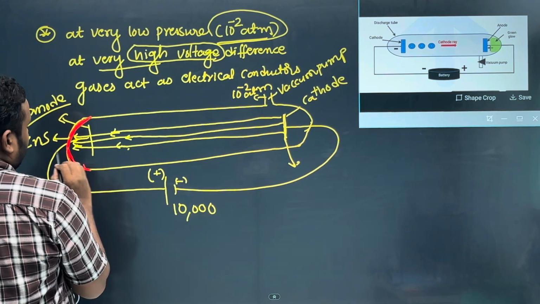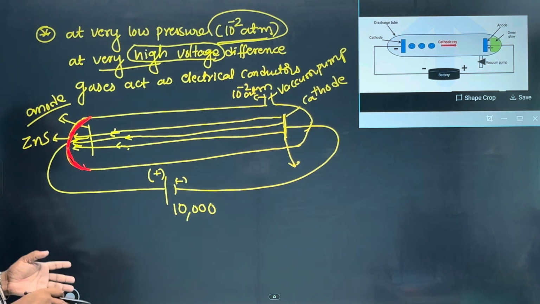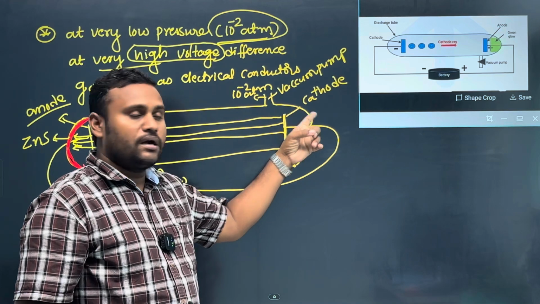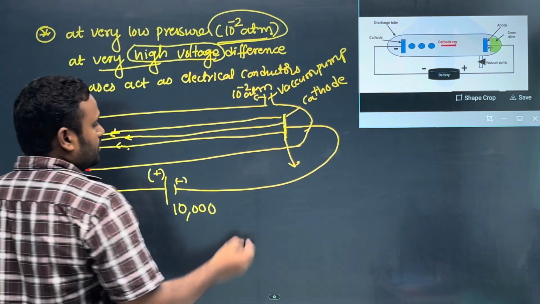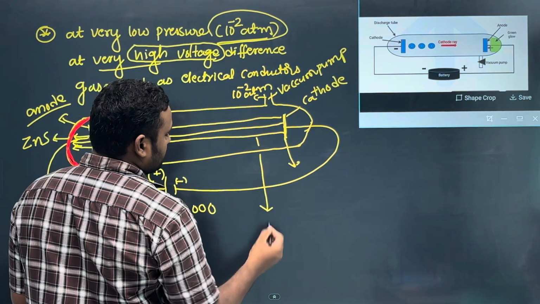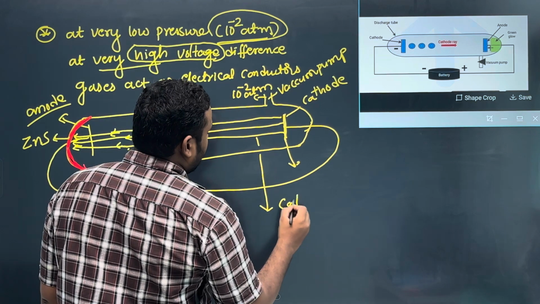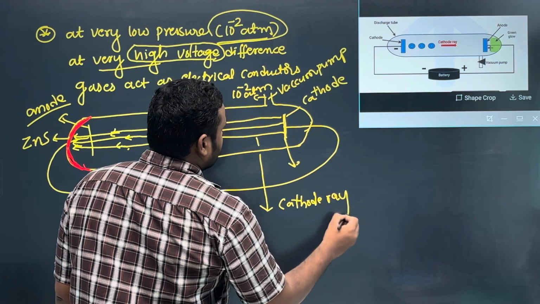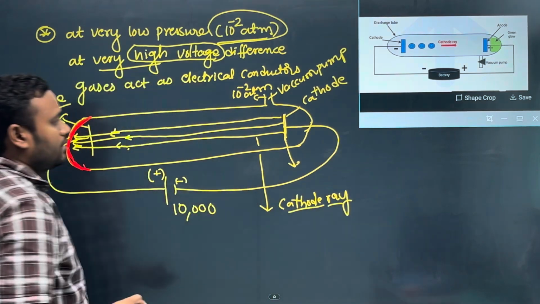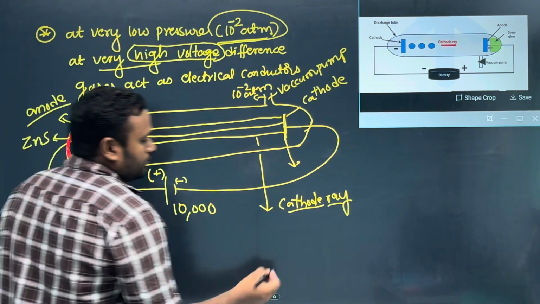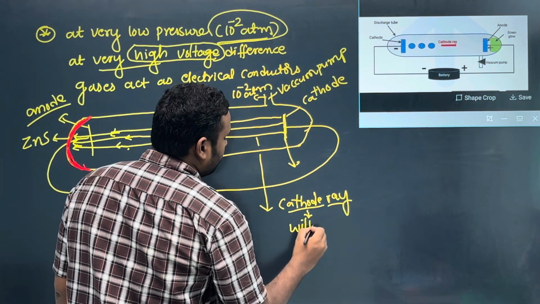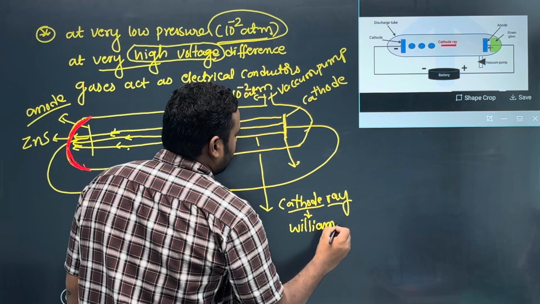Based on this observation he concluded that some invisible rays are released from the cathode. These rays are known as cathode rays. Cathode rays were discovered by William Crookes.